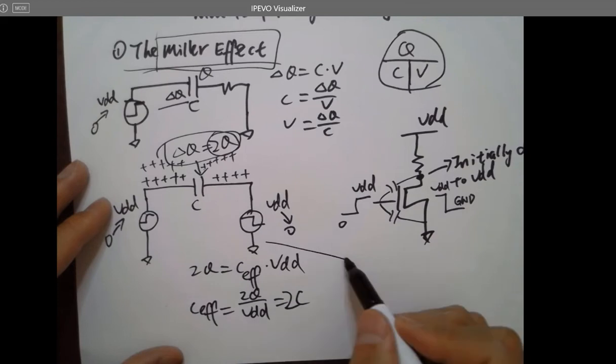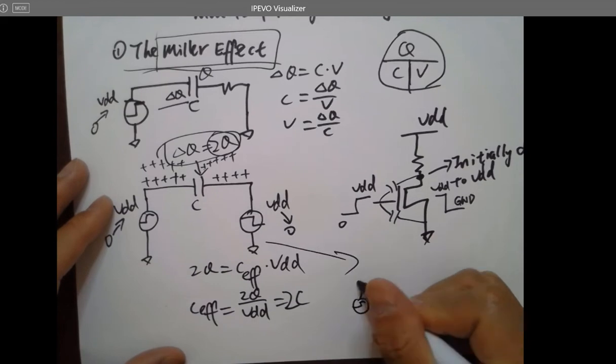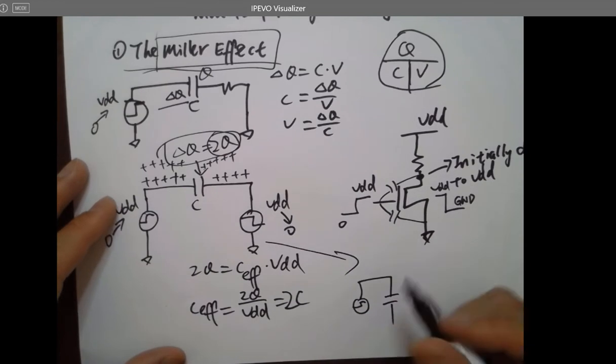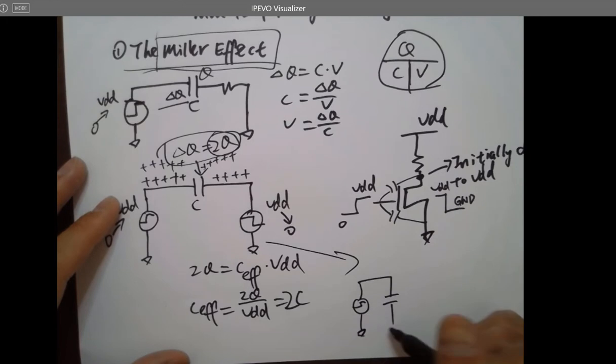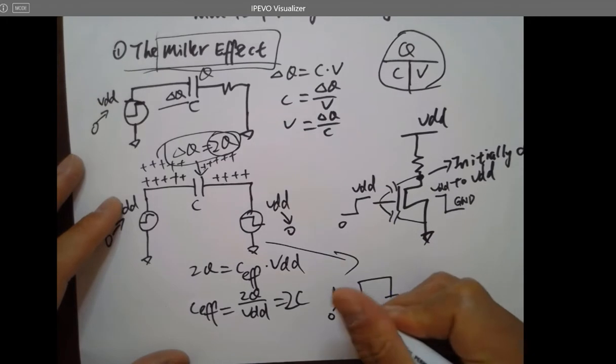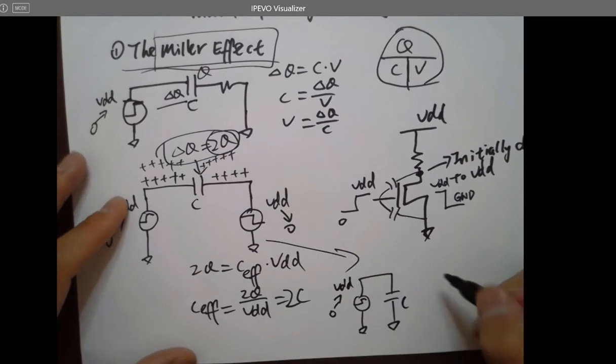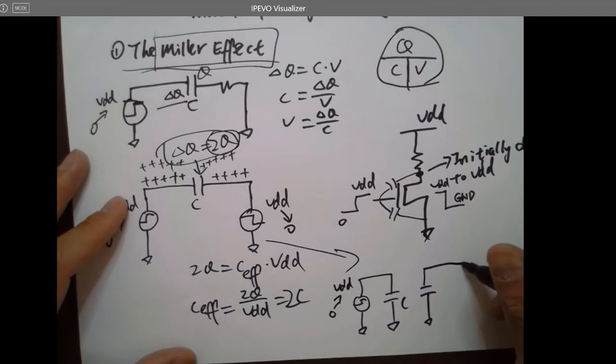So this circuit can be modeled as one C here, and then another C here.